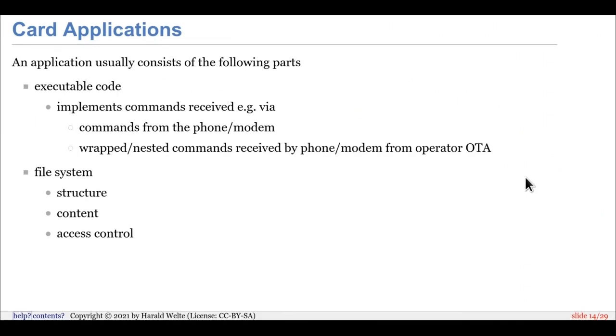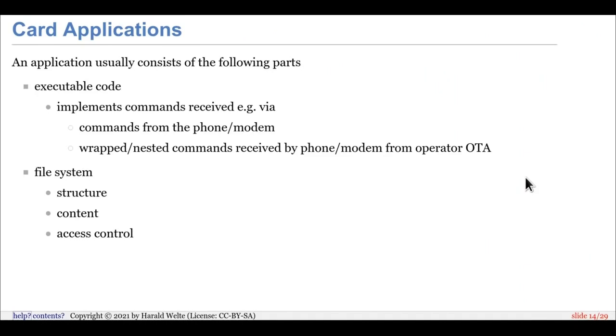So, as I mentioned, applications typically consist of executable code and a file system. The executable code means you can implement commands which are invoked by the phone or modem in the case of SIM cards later on.